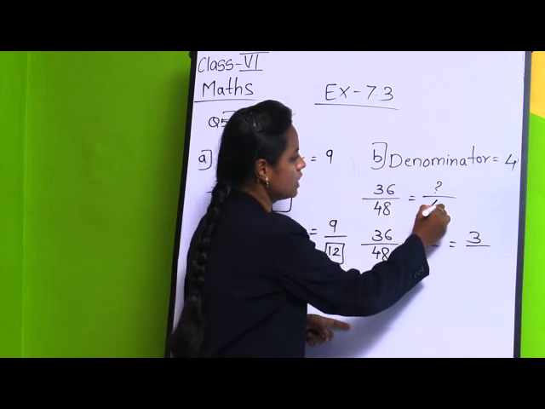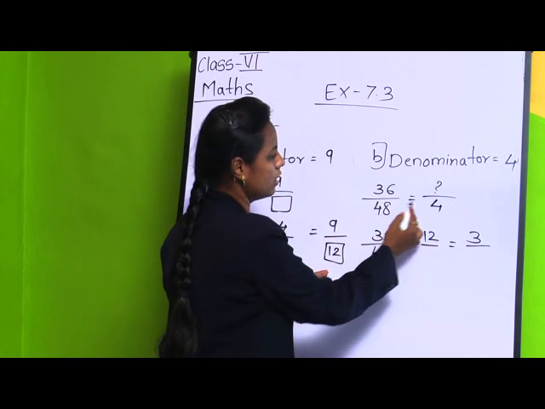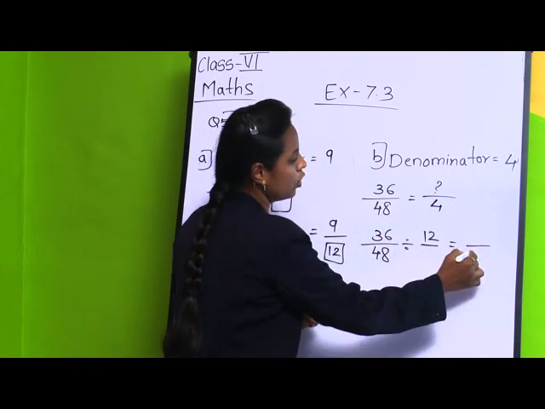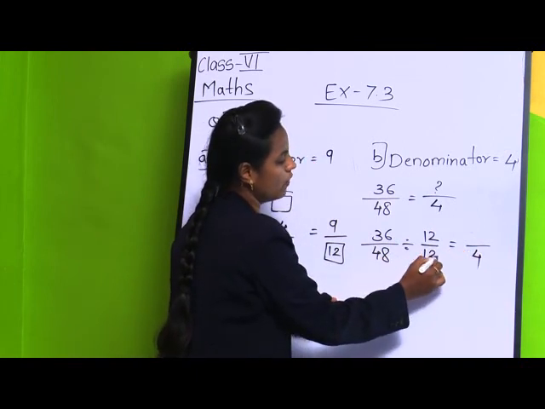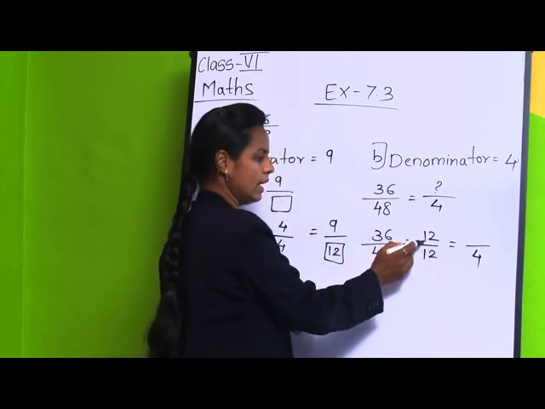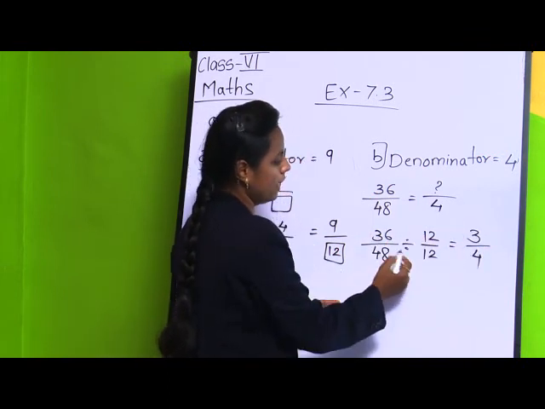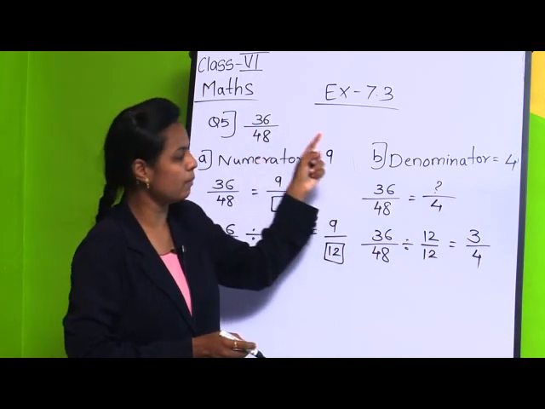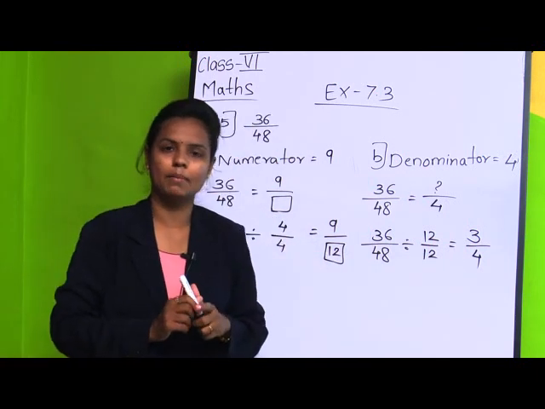In question number 5b, we have the denominator 4. So 48 divided by 12, we get 4. When the denominator is divided by 12, the numerator also should be divided by 12. So 36 divided by 12 we get 3, and 48 divided by 12 we get 4, and the equivalent fractions of 36 by 48 are 3 by 4 and 9 by 12.